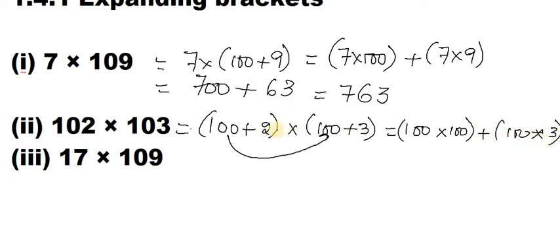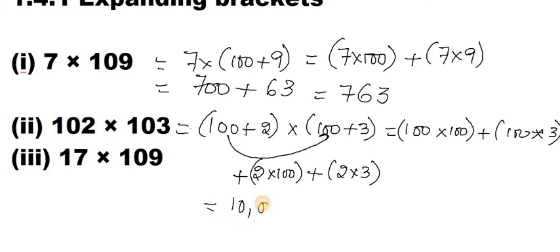Now with 2 also. So what is the symbol here? Plus 2 into 100 plus 2 into 3. 100 multiplied by 100 is 10,000 plus 100 3s are 300, 100 2s are 200, 2 3s are 6.